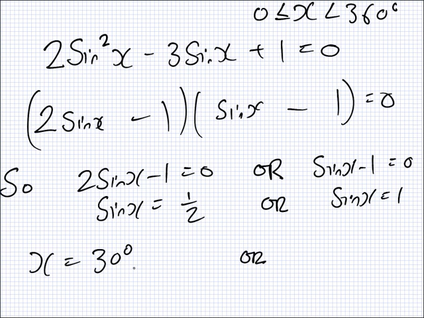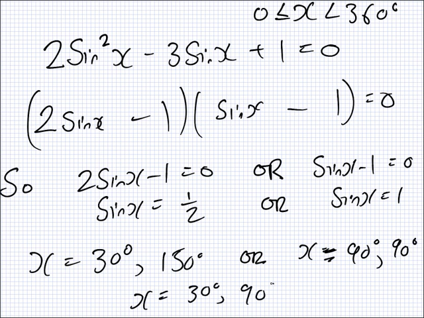So how do I get the second answer? 180 minus 30, so that's 150. Here, the first answer is sine inverse 1, 90. And the second answer is 180 minus 90, which is 90. So actually there's only really one answer on the right. So we finish by saying x equals 30, 90, or 150.